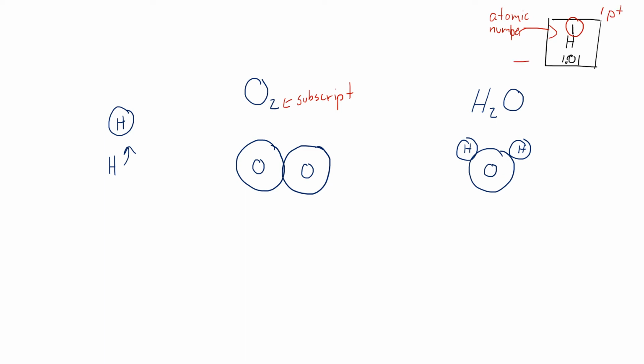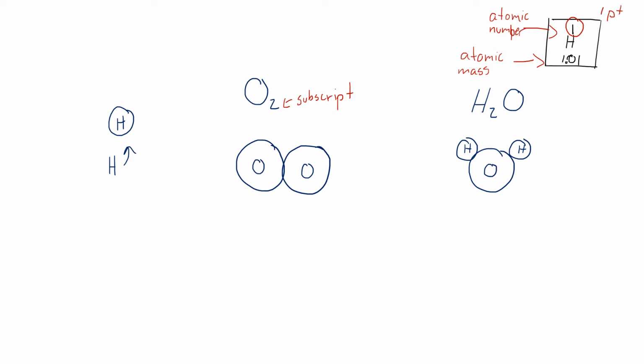The number at the bottom, underneath the chemical symbol, is my atomic mass, and that tells me the relative mass of the atom. The saying goes, the bigger the atomic mass, the bigger the atom. For hydrogen, the atomic mass is 1.01. For oxygen, it's 16. So oxygen is about 16 times bigger than hydrogen, so that's why my circle for oxygen is a little bit bigger.